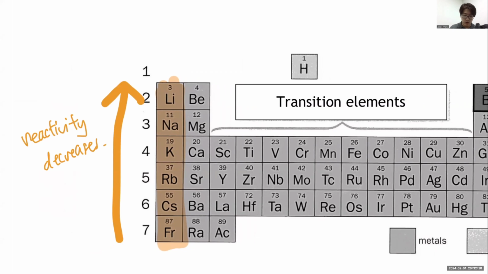So for this one, if I want to draw the arrow down there, then it will be the other way around. If I point downwards, reactivity increases. If I point up, it decreases. And pointing down is increase, opposite.